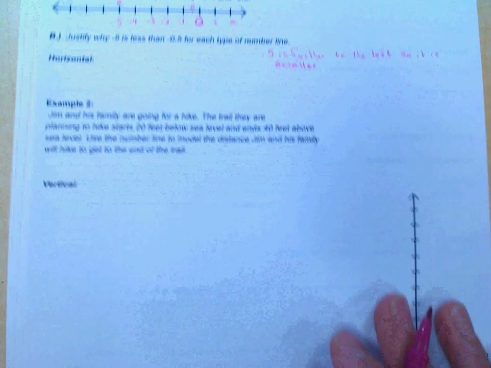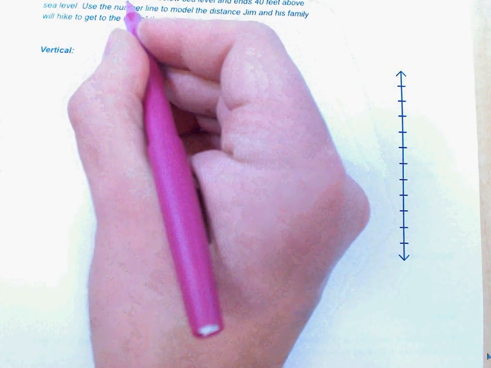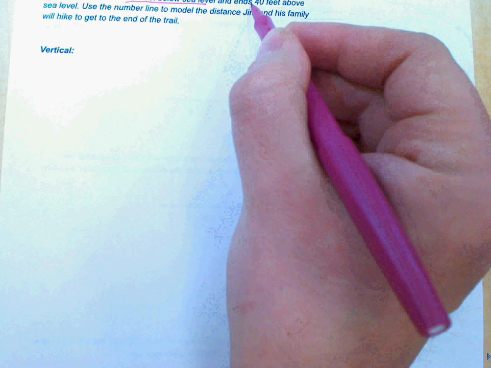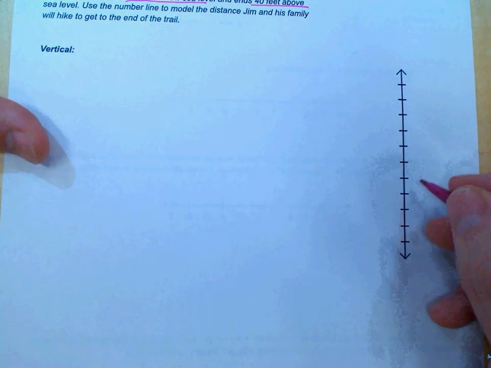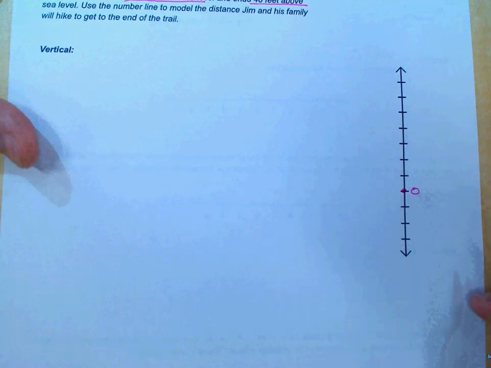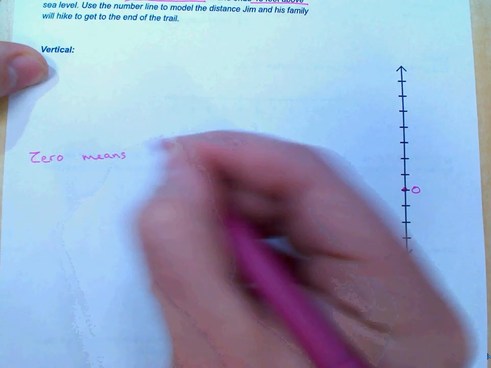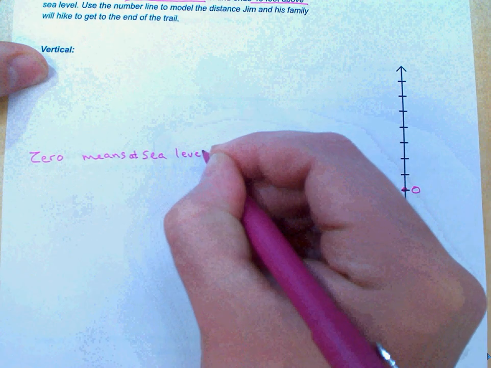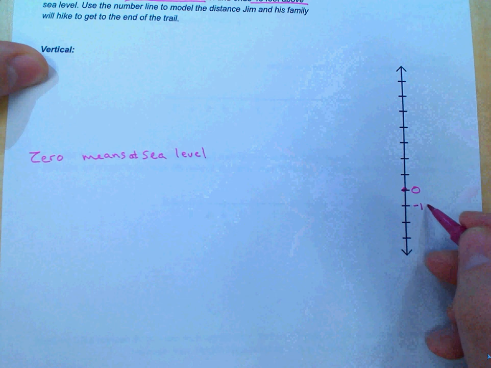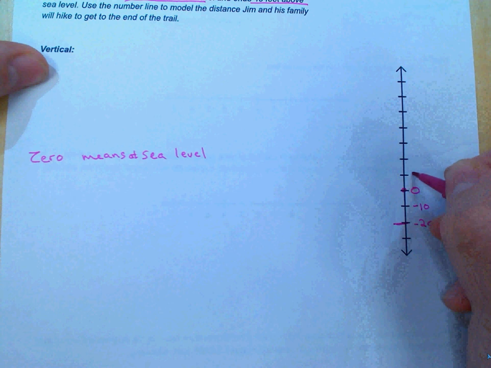If we're looking at a vertical number line in this case, Jim and his family are going for a hike. The trail that they're planning starts 20 feet below sea level and ends 40 feet above. So if I start sea level as 0 right here, that's what 0 means in this situation. 0 means sea level, or at sea level. My hike starts 20 feet below, which is right here, and it goes 40 feet above.